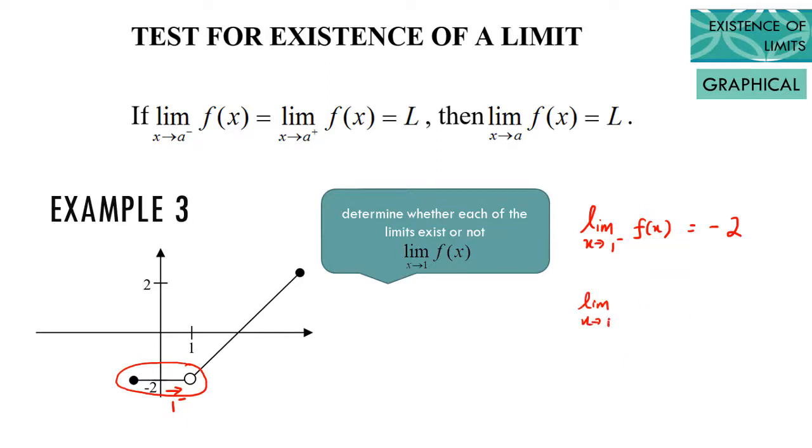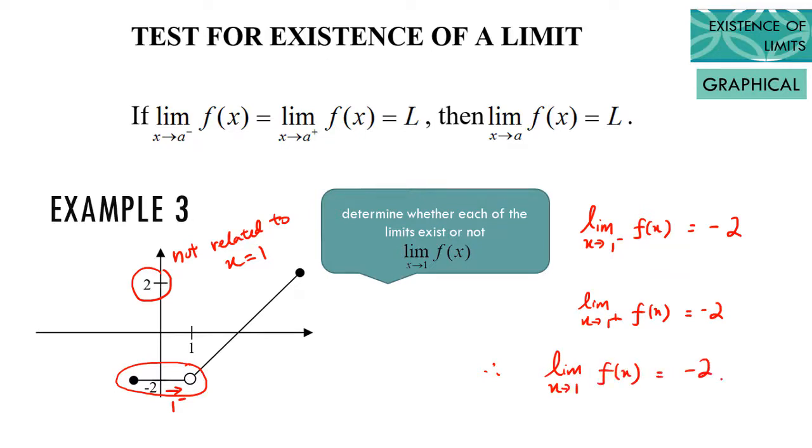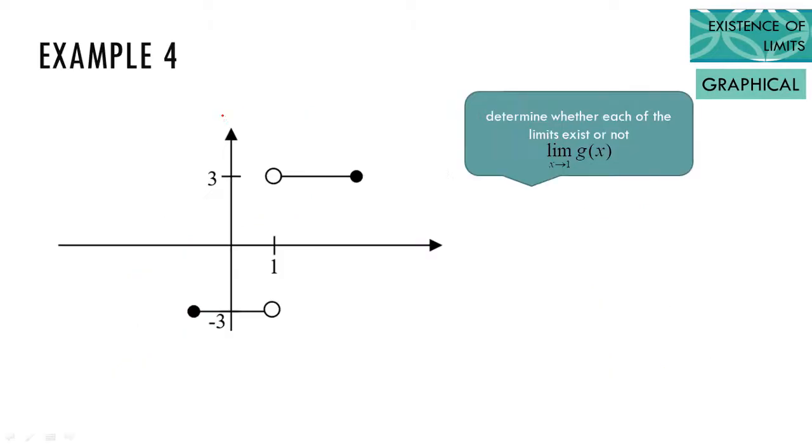When x approaches 1 from the right, we have another value of y equal to 2, but the 2 is not related to x equal to 1, because we are finding the values of y when x is getting closer to 1 from the right side. So don't get confused with it.